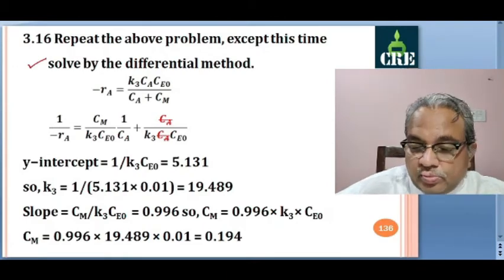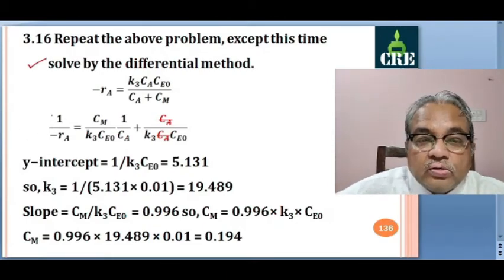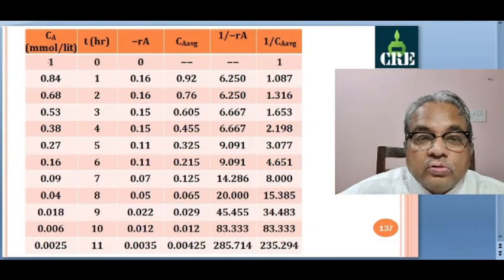So what you will plot this on y axis, 1 upon Ca on x axis. So concentration versus time, this is minus Ra value.